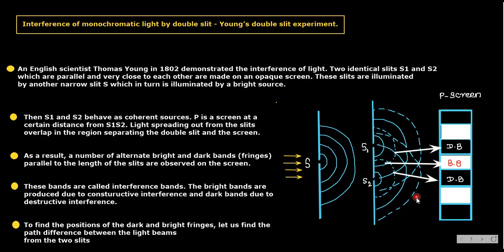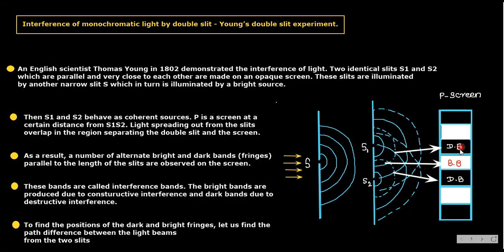So a number of alternate bright and dark fringes we will observe on the screen, right? These bands are called interference bands. Can you see here? There is one dark band, then a bright band, then again a dark band. So alternate dark and bright bands we are getting.